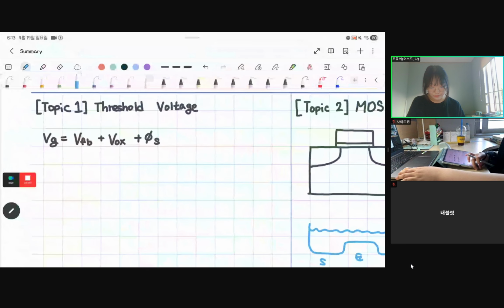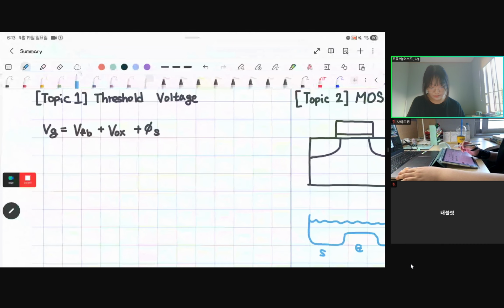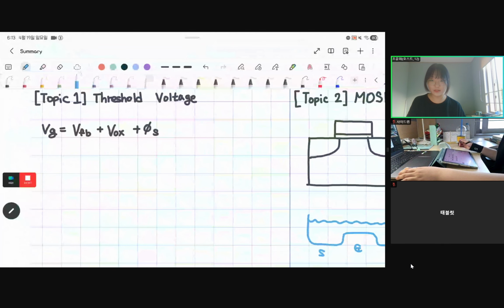First, last time we learned about the MOSFET states: flat band condition, accumulation, inversion, and depletion mode.